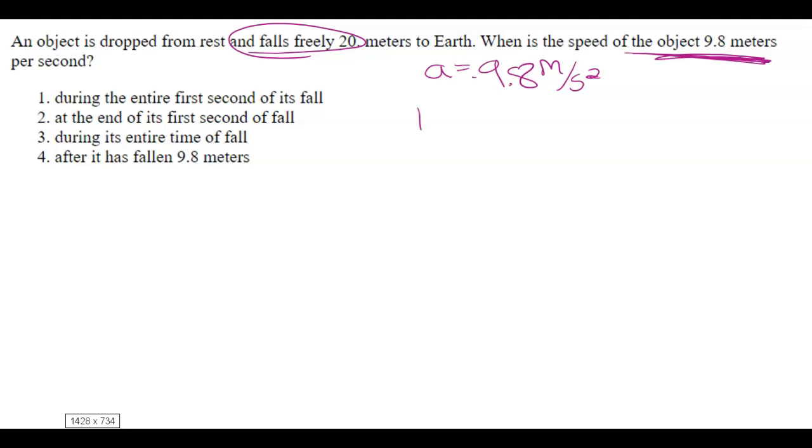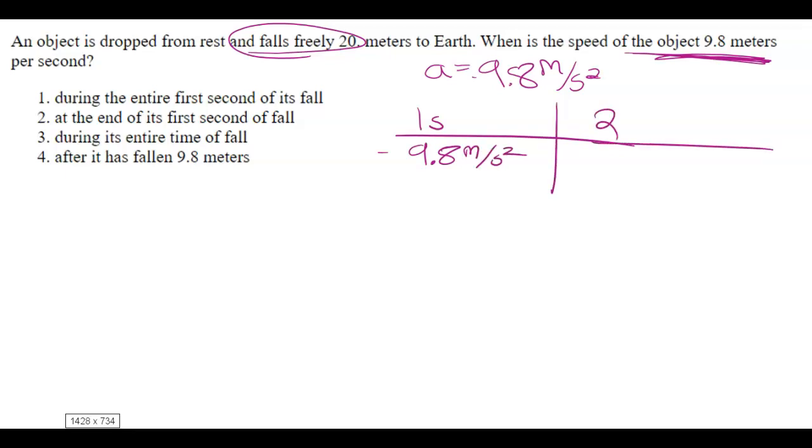And that means that after 1 second, it's moving at a speed down of 9.8 meters per second. And then after 2 seconds, it's moving down at negative 19.6, or that's not squared, that's just how fast it's moving.